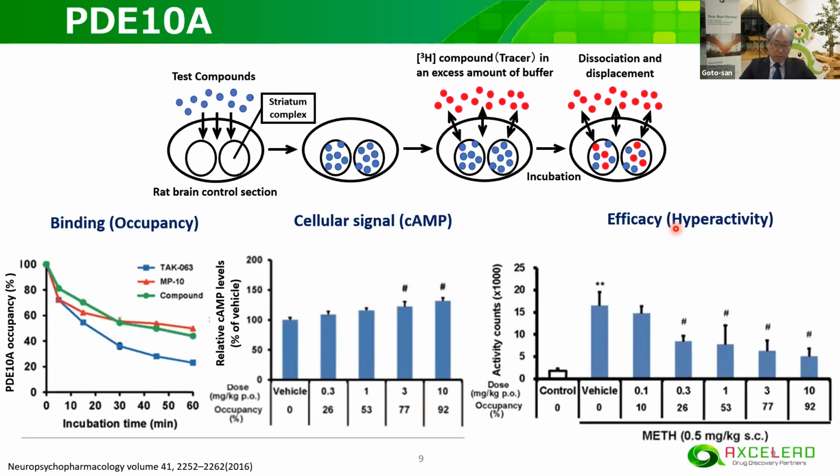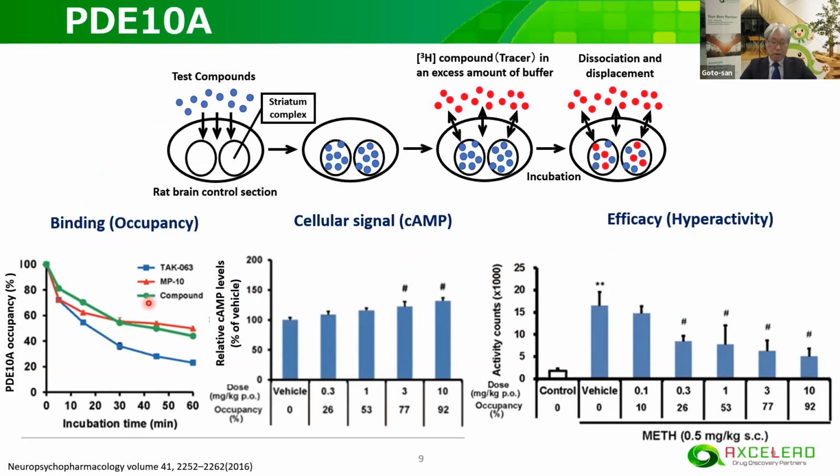In the evaluation of binding of the target engagement markers, as shown here, the occupancy rate with the enzyme is calculated by competitive experiment with an excess radioactive tracer using the brain sample.